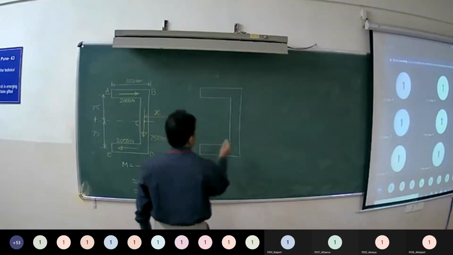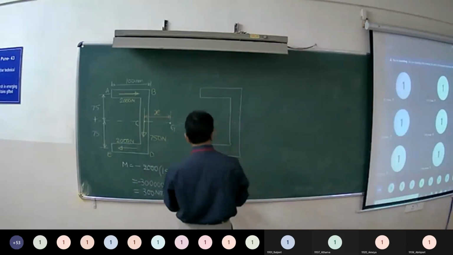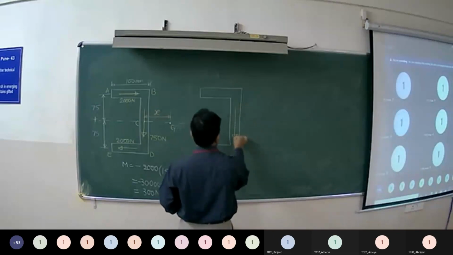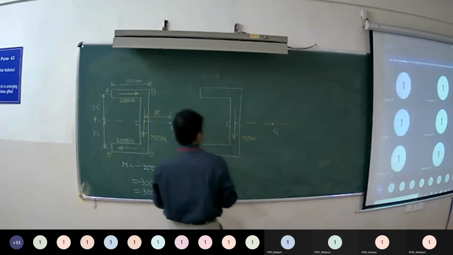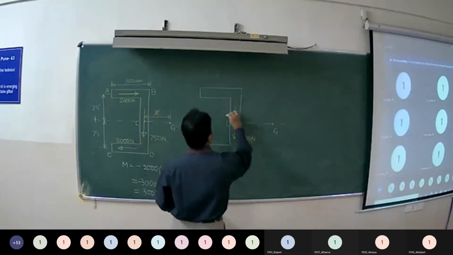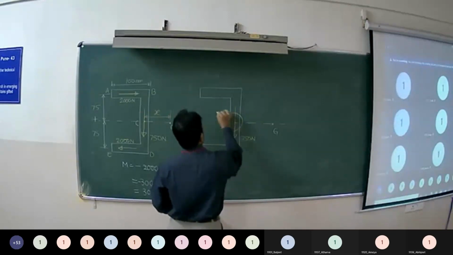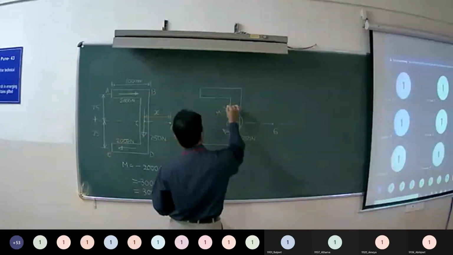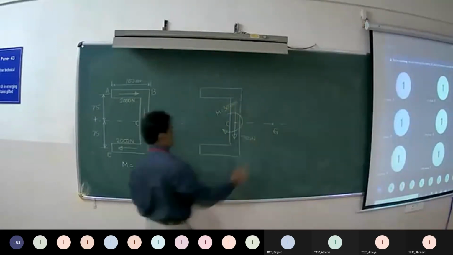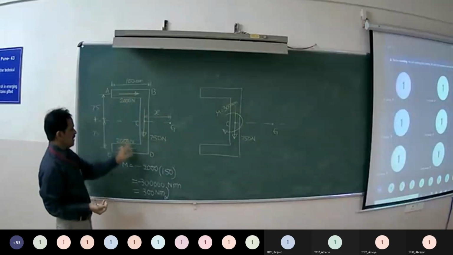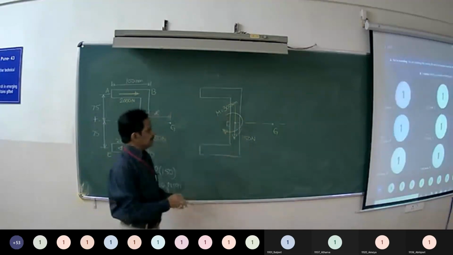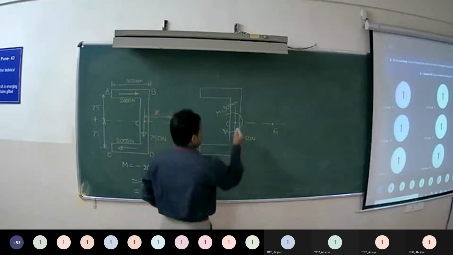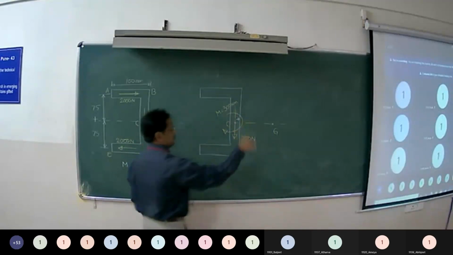So the equivalent system will be: there is a force of 750 Newton acting vertically downwards, and there is a clockwise couple of magnitude 300 Newton meter. Simply I am replacing these two parallel forces with a couple. That's all. Now I will combine this force and couple.